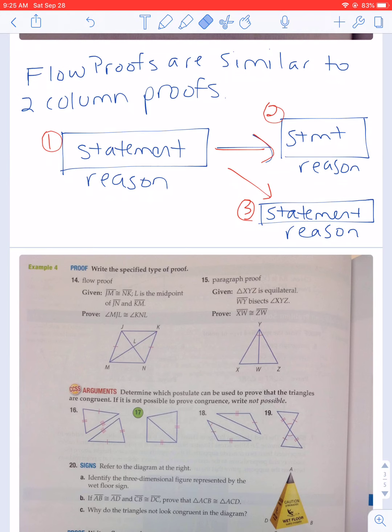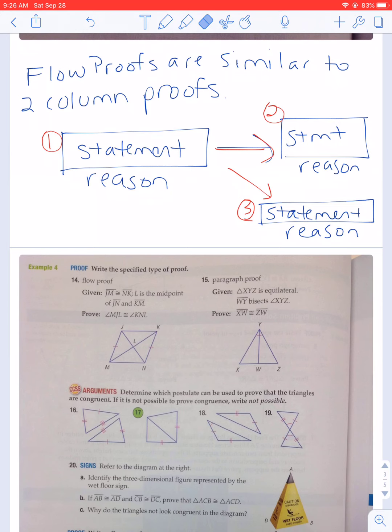So we're going to jump to 16 and 18 because it's not writing a proof, it's just identifying whether or not you can use postulates to prove they're congruent. And I feel like that's where we need to start. So we'll do that first, so we're going to do page 270, 16 and 18. Then we're going to go back to number 4 and then go back to 28.